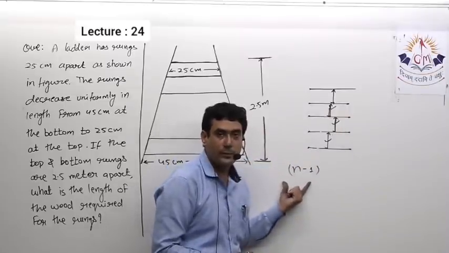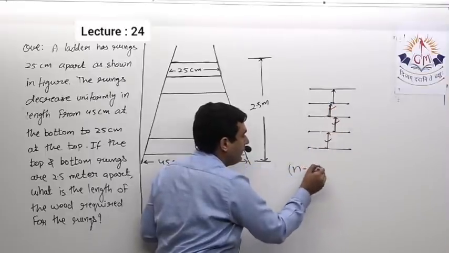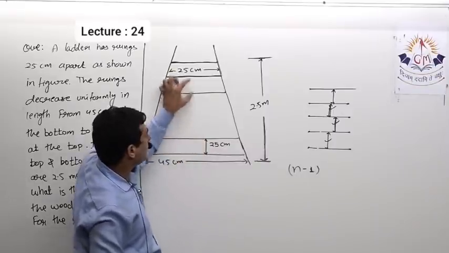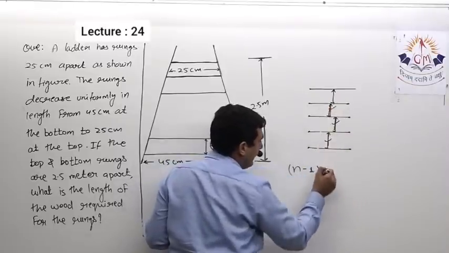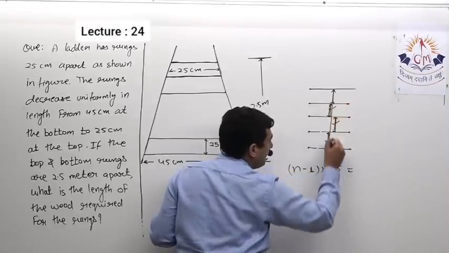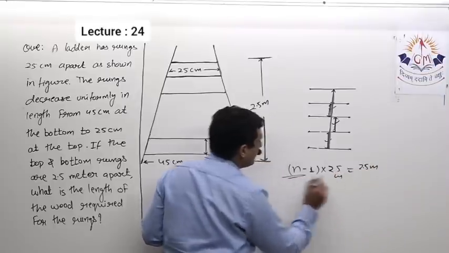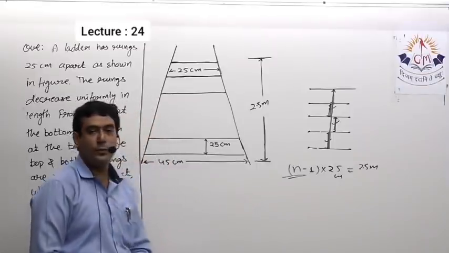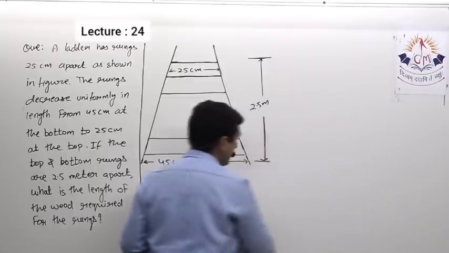Now the length of each gap is given, that means how far apart these rungs are. If I multiply this gap length with n minus 1, I will get the total distance between the first and the last rung, that is 2.5 meters. So this gives me n, the number of rungs, and after getting the number of rungs it is very easy to get the solution. So first we will find the number of rungs.